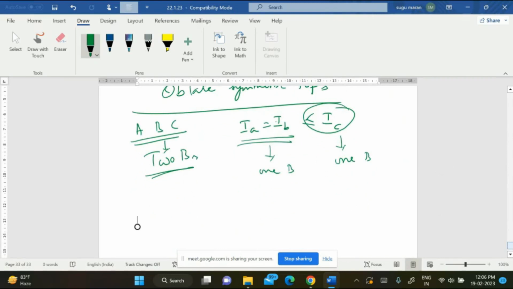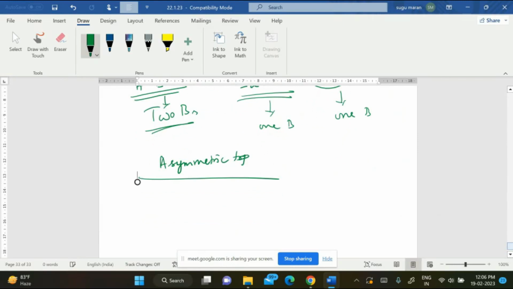Finally, you have the asymmetric top molecules, where IA is not equal to IB, which is not equal to IC.